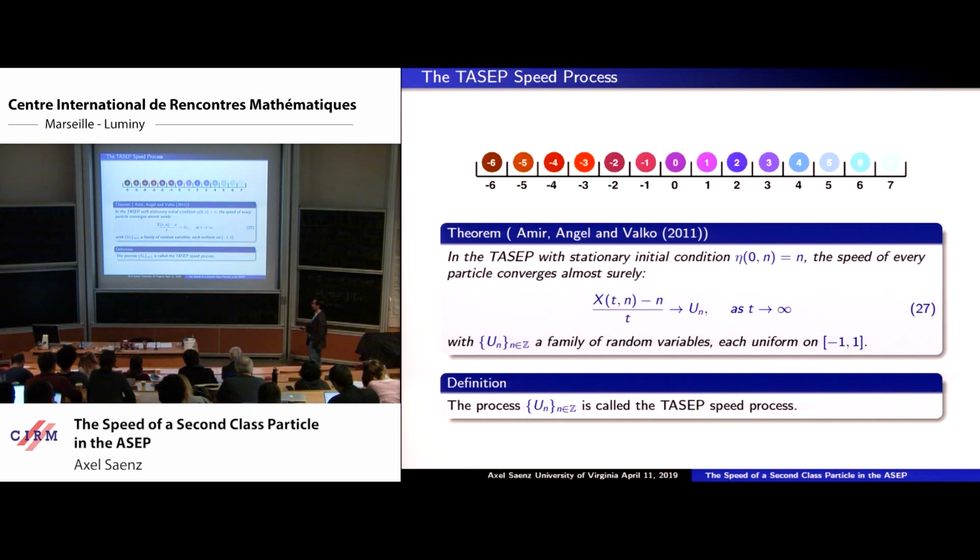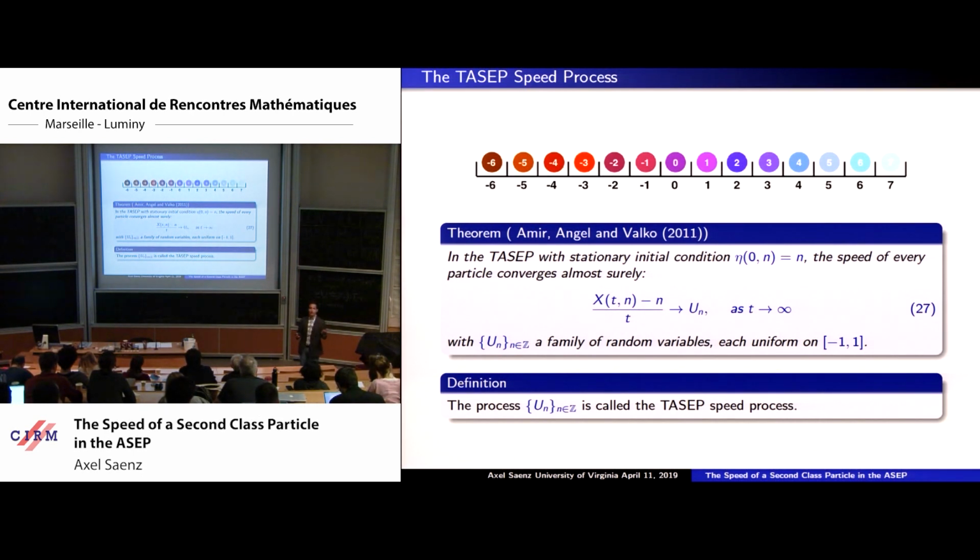And for this definition, you really need the almost sure convergence of the speed of the second class particle. Once you have this theorem, you can say a lot of interesting things about the ASEP speed process.